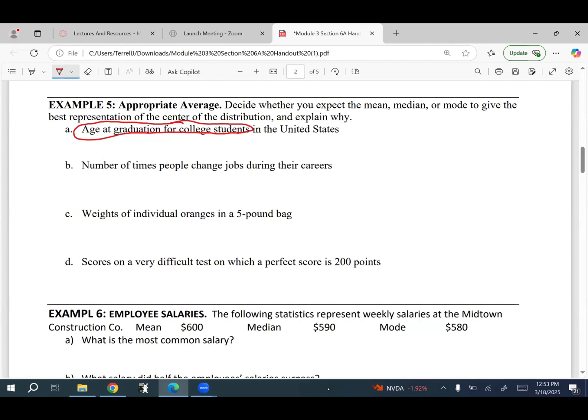Because we want to take those into account, the median here would be the best representation of center. And the reason why is because the median is not affected by outliers.